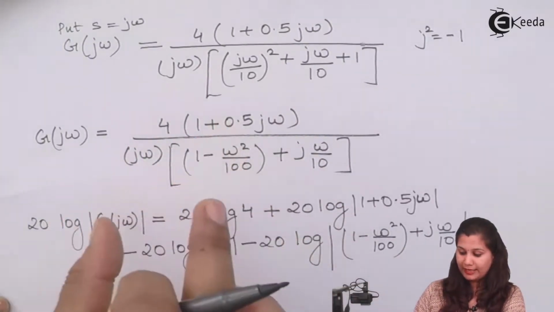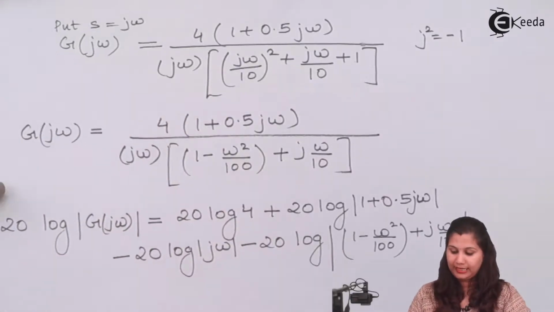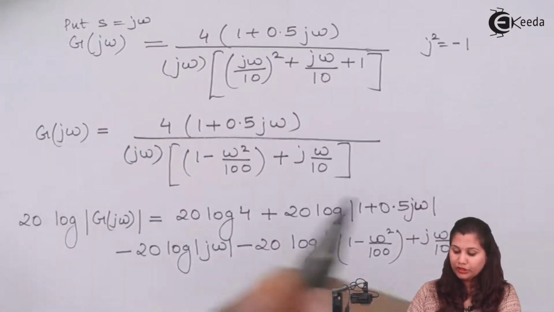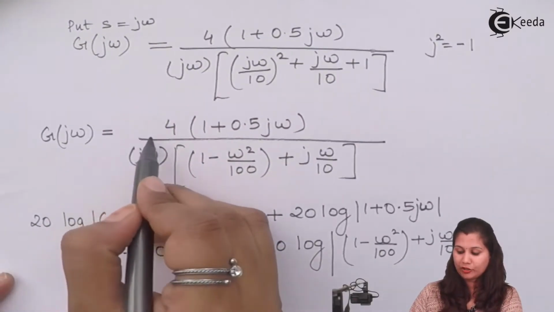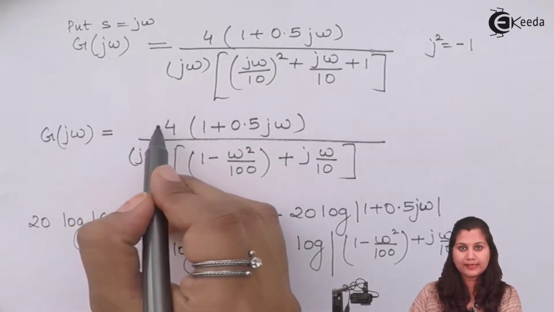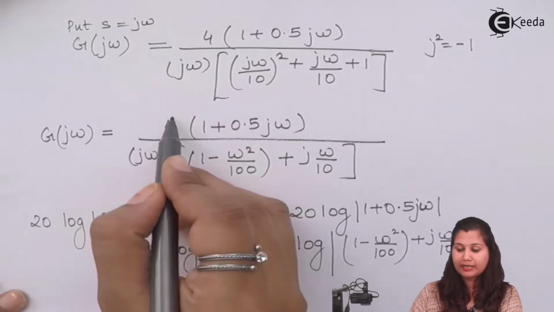So we will first calculate its phase angle, that is phi. For this term we will have tan inverse of 0 upon 4, because the imaginary part is 0 here and the real part is 4.